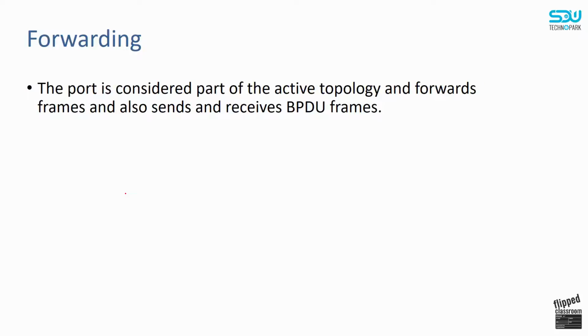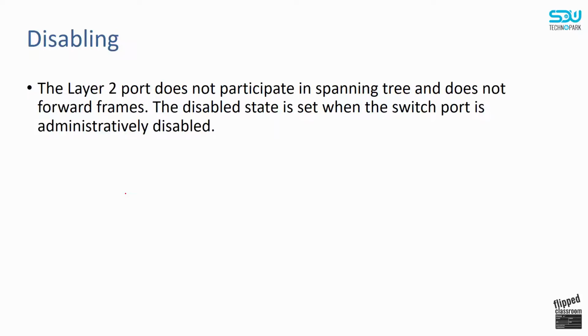The forwarding state of the switch port is the fully working state, and at that moment the switch is sending and receiving BPDU packets, and also sending and receiving data frames at the same time. And a disabled port is, as I mentioned before, not an STP port status.